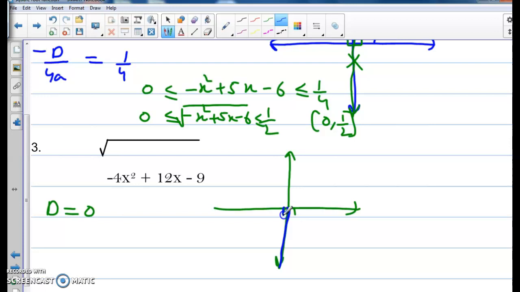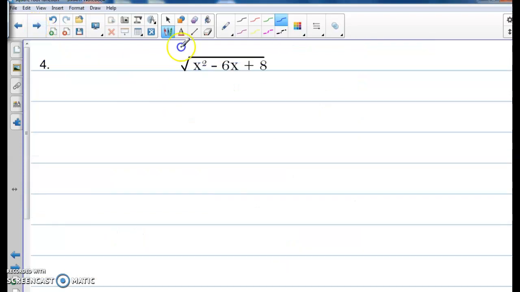This is the range of minus 4ax square plus 12x minus 9. But we have to discard all the negative numbers. The only point left is 0 and its square root is also 0. Therefore, the range of this function is only 0.